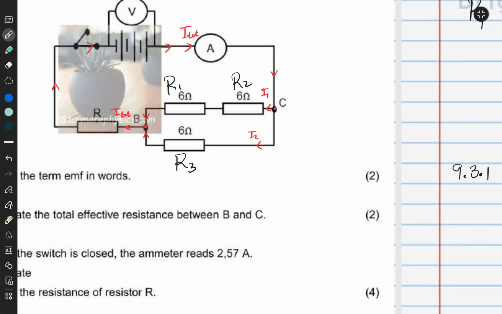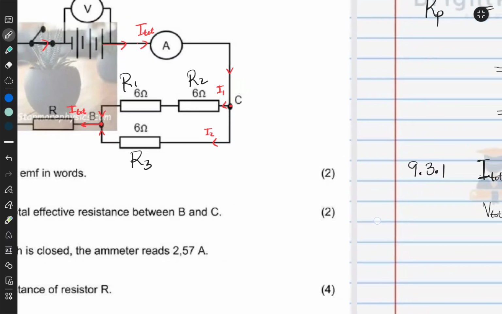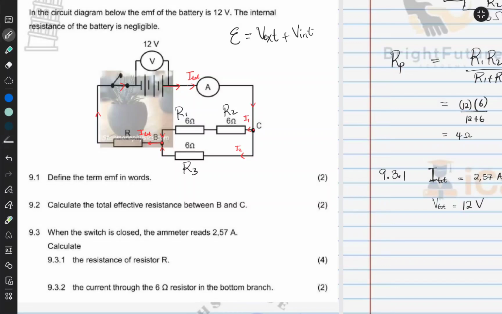R equals V over I would allow us to find our total resistance. And then from that total resistance, we would subtract the resistance that we already know, which is 4 ohms for the parallel side. Because remember, we already know the total resistance in that green area, whatever color that is. We already know it is 4 ohms.